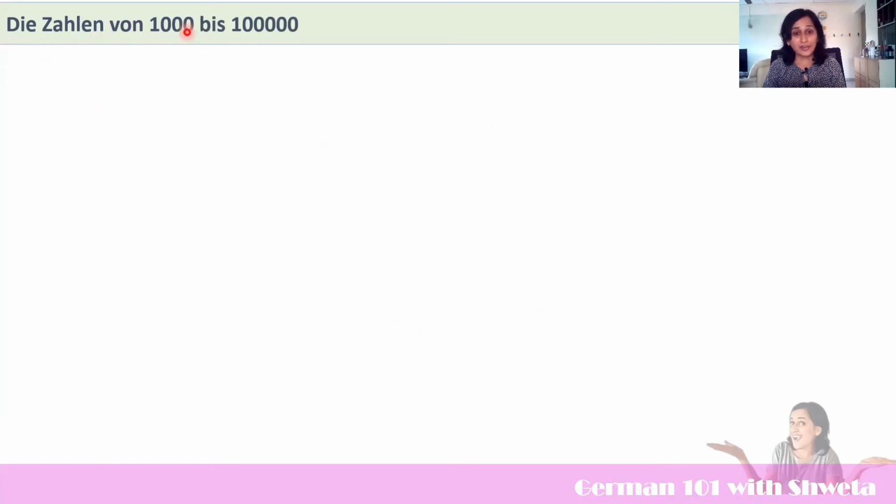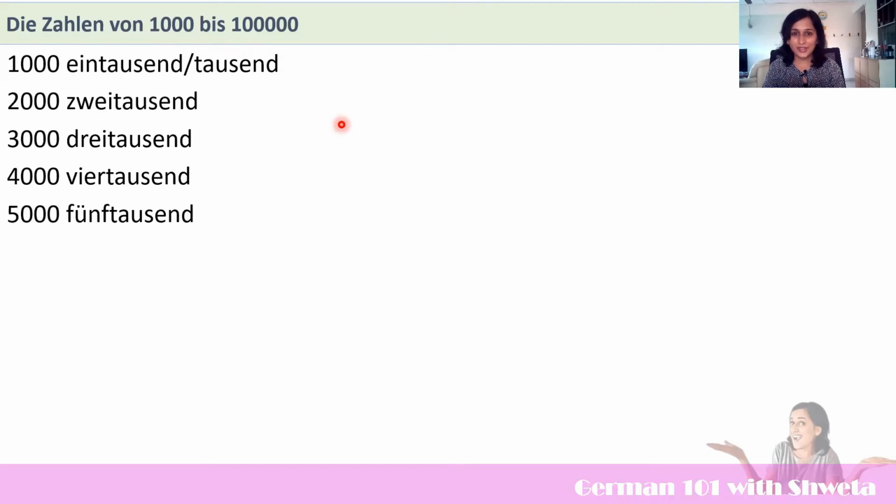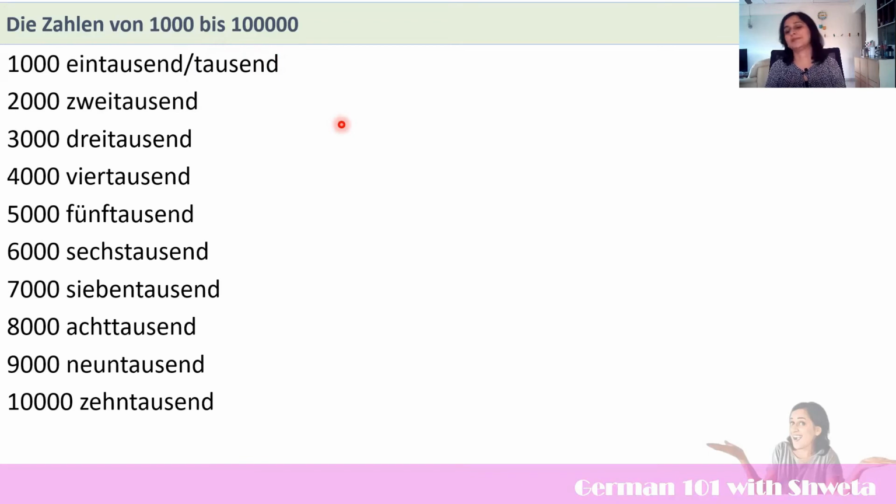Die Zahlen von 1000 bis 100.000, the numbers from 1000 to 100,000. So we have already done 1000, 2000, 3000, 4000, 5000, 6000, 7000, 8000, 9000 und 10,000.